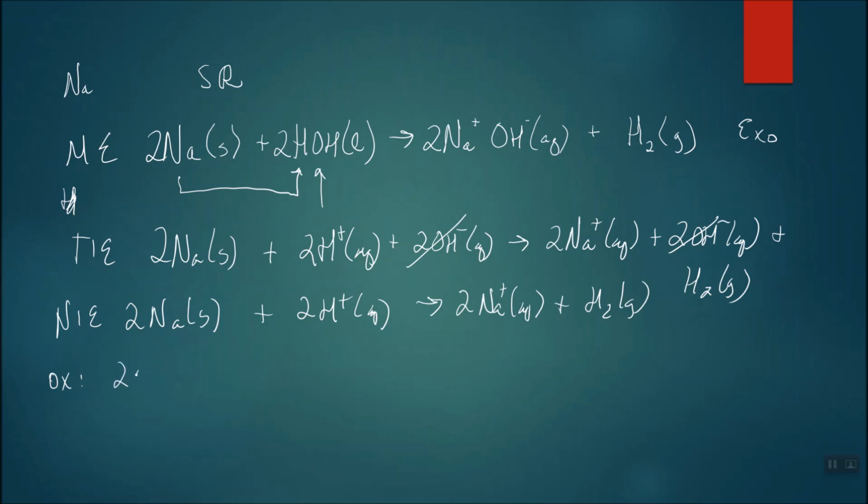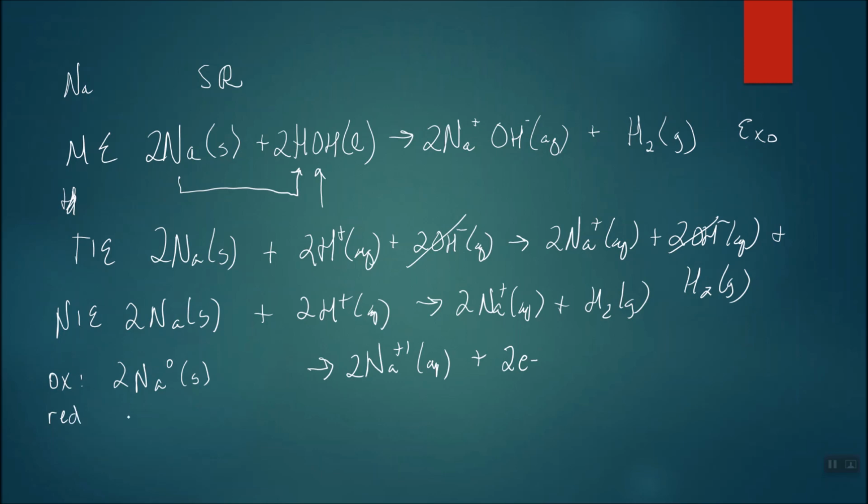Sodium's going up. 2 sodiums, 0, are going up to 2 sodium positive 1s. OIL RIG, oxidation is losing, so we've got to lose. How many electrons? Well, sodium has to lose 1 electron in order to become plus 1. So you have 2 sodiums, they're going to be losing 2 electrons.